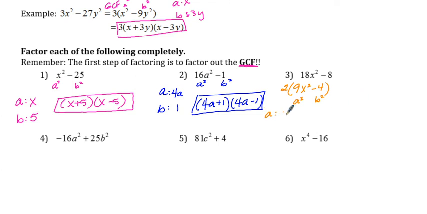So a must have been 3x. B must have been 2. So I'll build my factors. 3x plus 2 and 3x minus 2. Don't forget, we originally took out a greatest common factor, so that's got to come back in our final answer.